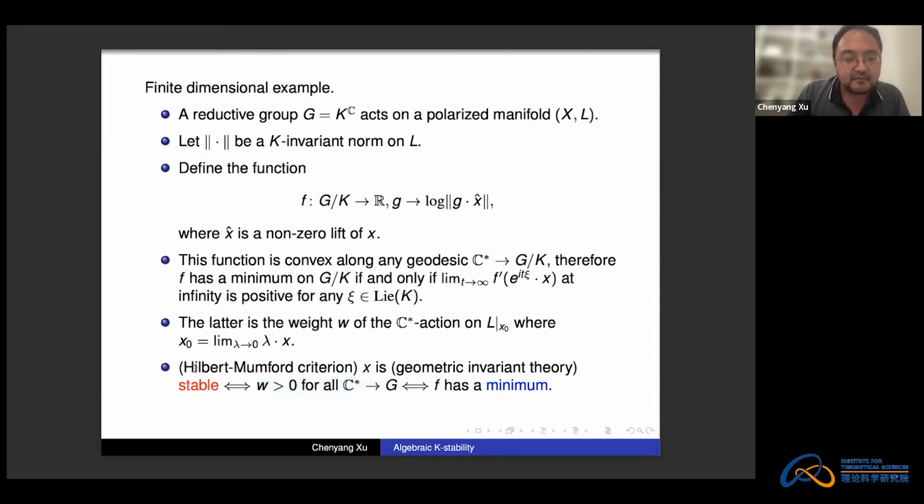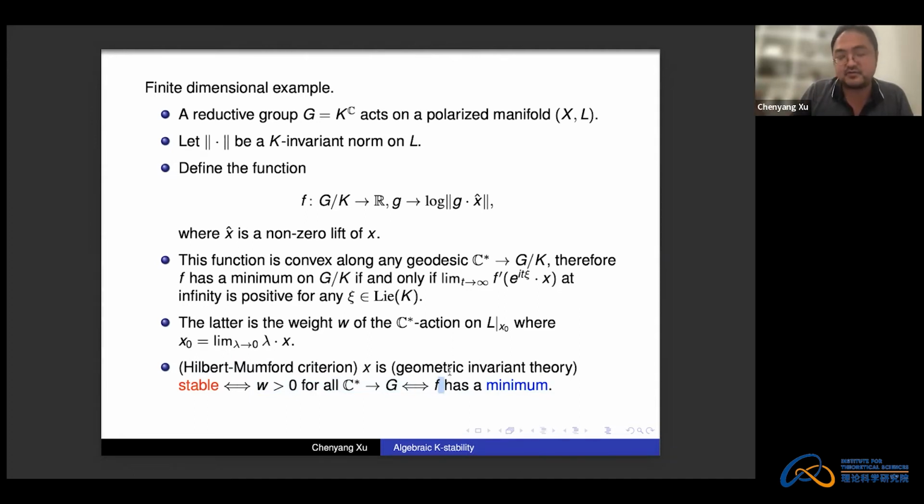But by the Hilbert-Mumford criterion, we know that this condition is precisely equivalent to saying that x is GIT stable, geometric invariant theory stable. So the question of whether there exists a minimum is equivalent to this.